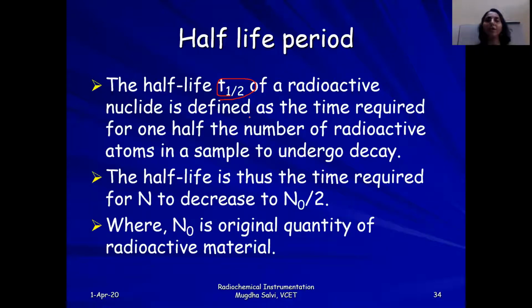That means if the radioactive sample contains 100 atoms, the time when it reduces to 50 by decaying will be the half-life period, and it can range from a few seconds to several years. The half-life is thus the time required for N to decrease to N0 by 2, where N0 is the original quantity of the radioactive material.